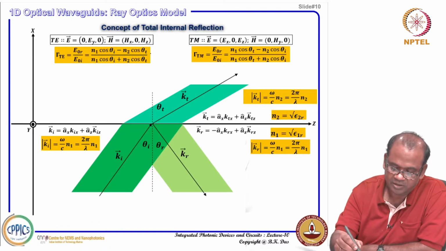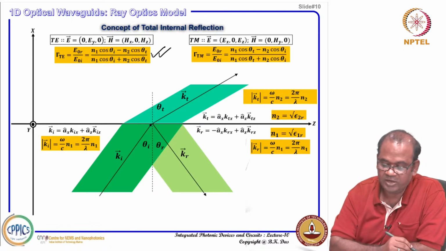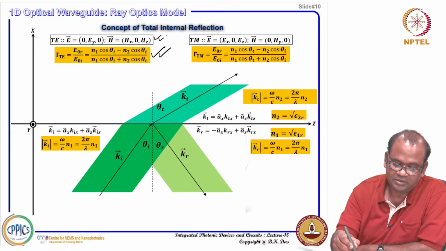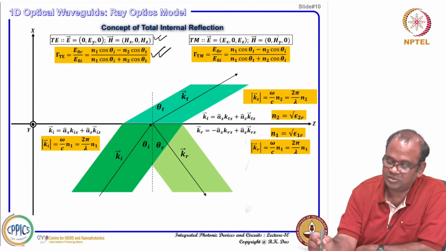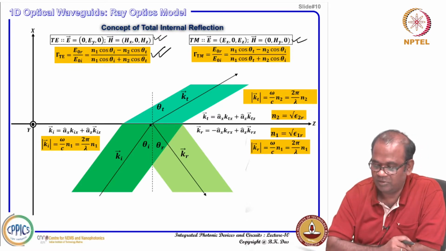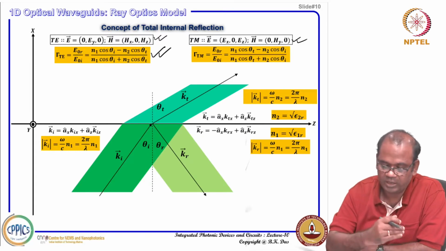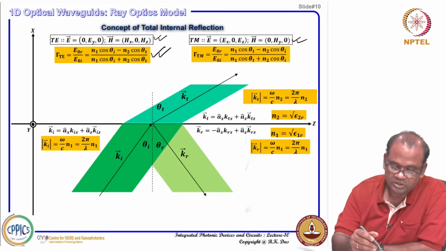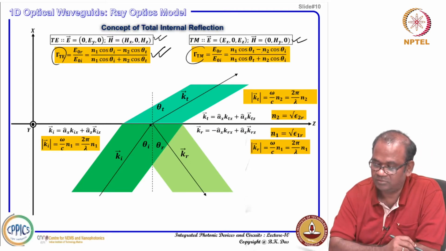I have just written down the same thing, the reflection coefficient for TE polarization. I am retaining these equations so that you can remember things easily and correlate here. So this is gamma TE and this is gamma TM, which are theta i, theta t dependent as well as n1, n2 dependent.